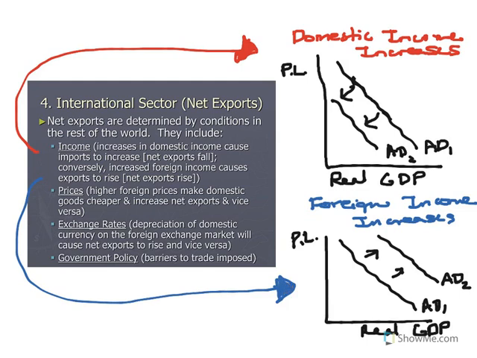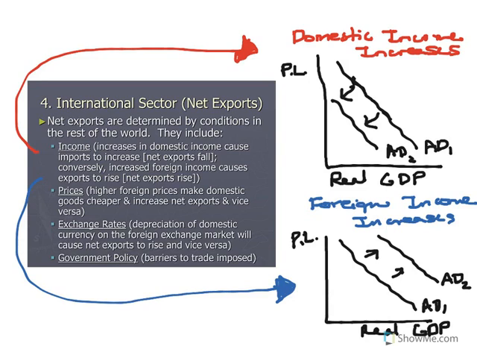Again, if the income of our trading partners is increasing, then they're going to buy more domestic goods, and that will cause our net exports to rise. I think I accidentally just said they'll fall. I'm sorry for that. Net exports will rise, and if our net exports rise, that could cause aggregate demand to increase. So again, you can see these two different graphs here illustrating what would happen depending on whether it's domestic income that's increasing or foreign income that's increasing.